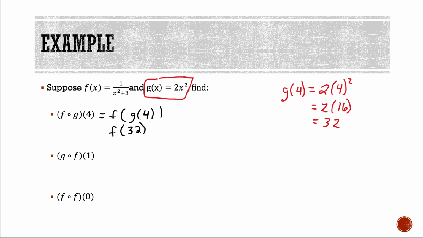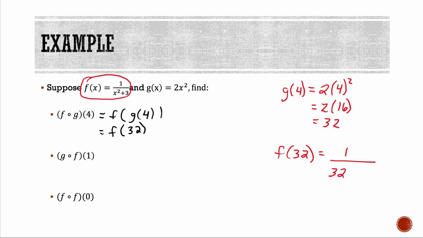All right, our second substitution now tells me to do f of 32. So again, I know what my function f is. And I know that I want to calculate f of 32. So wherever there's an x, I'm going to put a 32. So I have 1 divided by 32 squared plus 3.